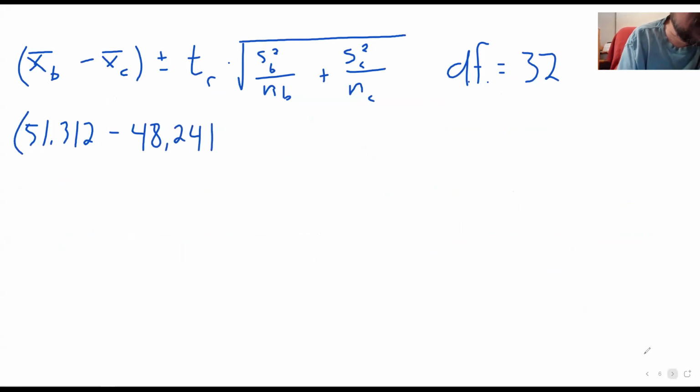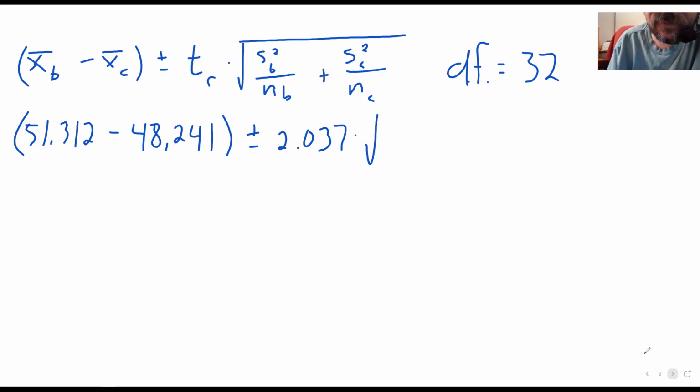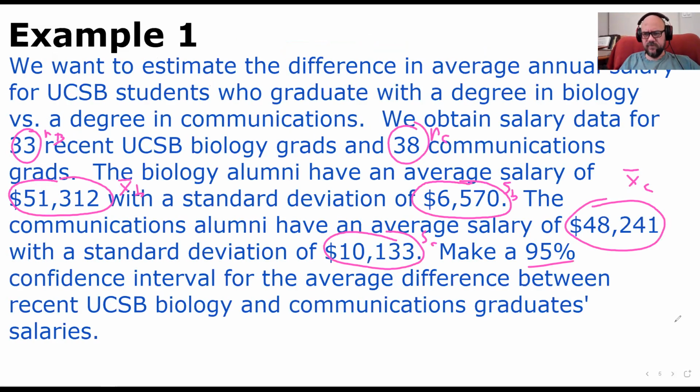48,241. So that is my point estimate for the population difference between the two salaries, plus or minus 2.037 times the square root of something pretty big. So we're going to have SB squared. The standard deviation for biology was 6570.